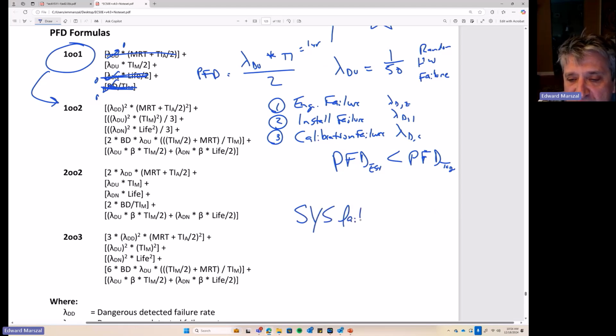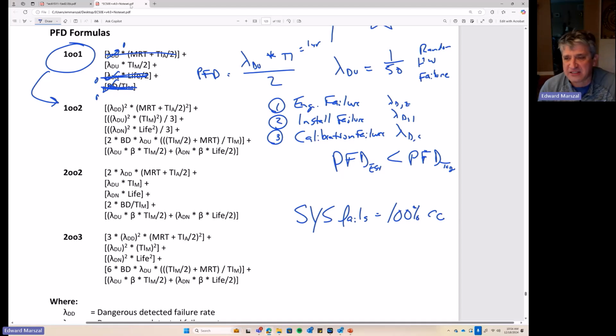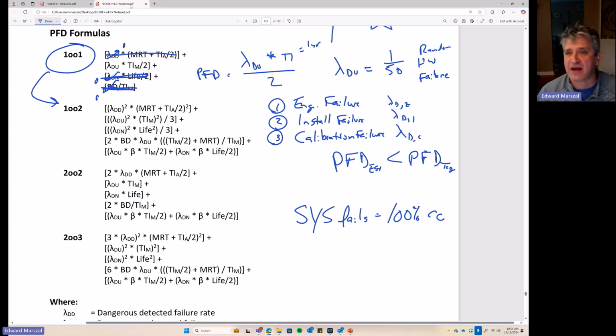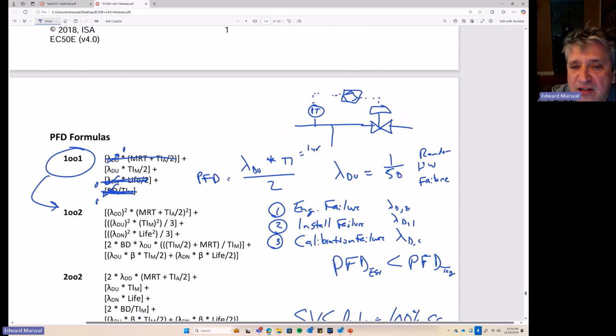Systematic failures have 100% common cause failure. If you do something wrong, you're going to do it wrong every time. That's the definition of systematic. So if I go back here and instead of a single transmitter, I'm going to put in 2 transmitters, because I need some redundancy to improve my SIL target because I added human failure.